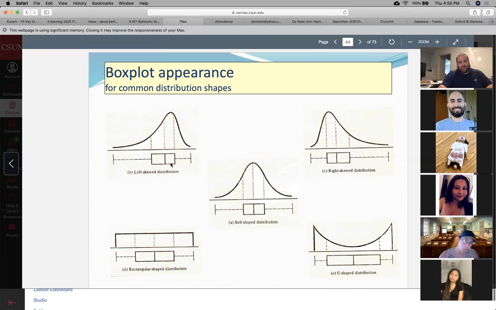You can kind of try to make your graph. Well, let's start with the bell shape. Maybe that'll be easier. Each of these sections, 1, 2, 3, and 4, is roughly 25% of the data. So if you go from the center, which is the median or mean for a bell-shaped curve, to the right 25%, to the left 25%.